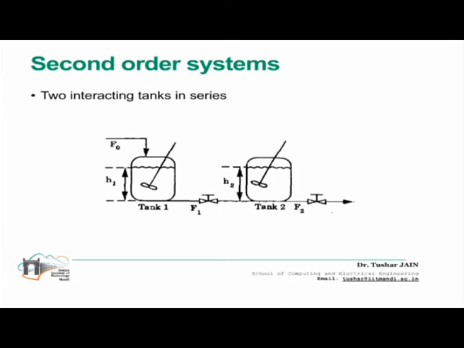Now the interaction could happen in this direction, or the water could flow in this direction. So there is a kind of exchange of liquid between both the tanks. Okay, so let's start with analyzing the interacting second order system.